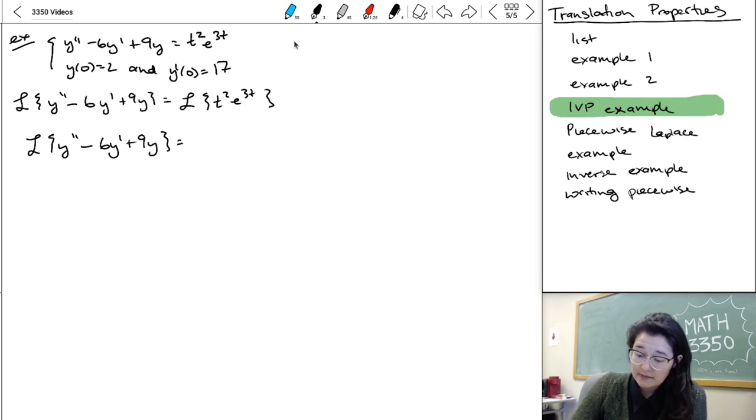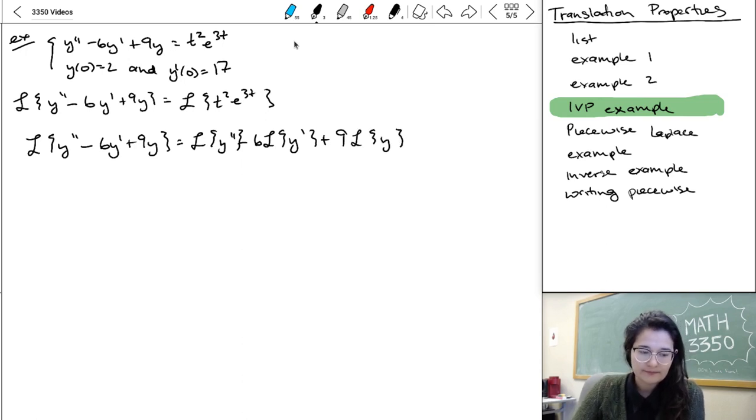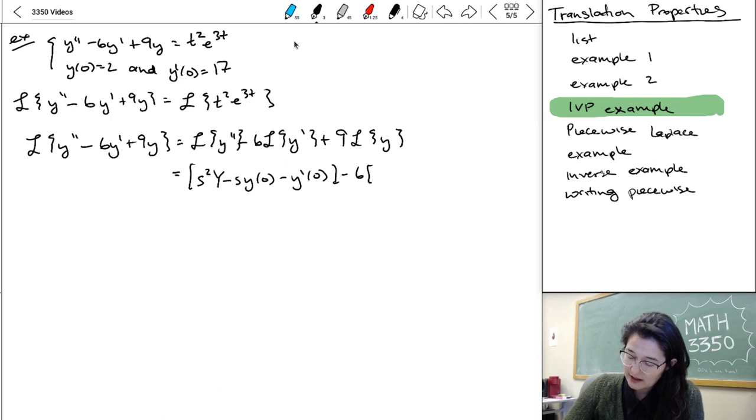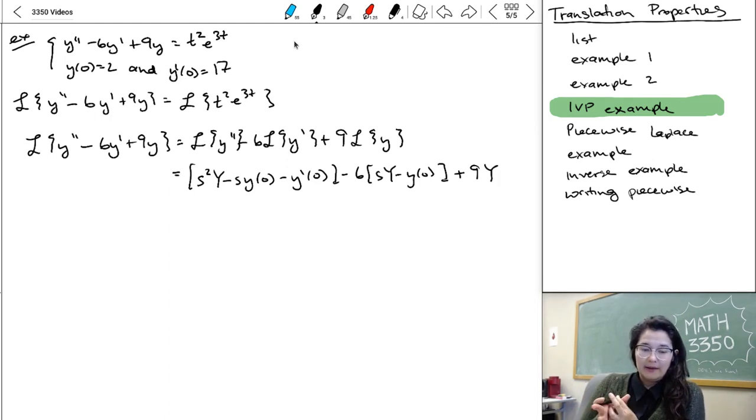From linearity, that's going to be L of y double prime minus 6 L of y prime plus 9 L of y, which is going to be my s squared Y minus s y of 0 minus y prime of 0, following that derivative rule, minus 6 times sY minus y of 0 plus 9 capital Y.